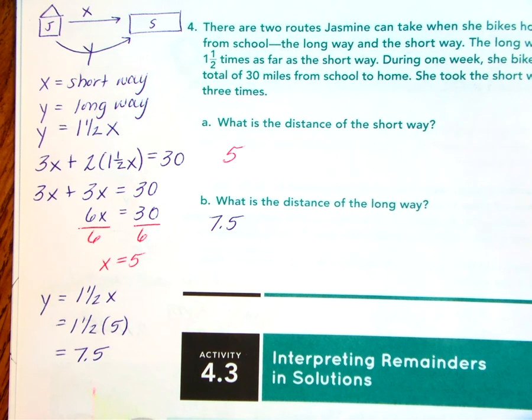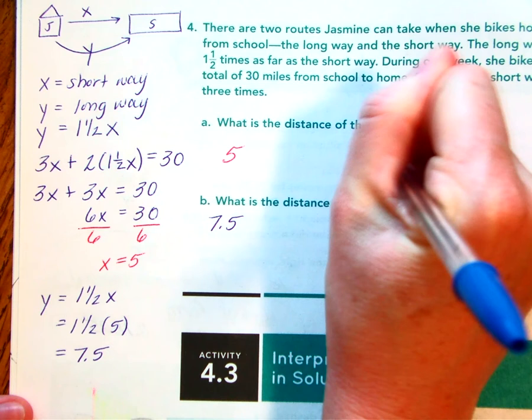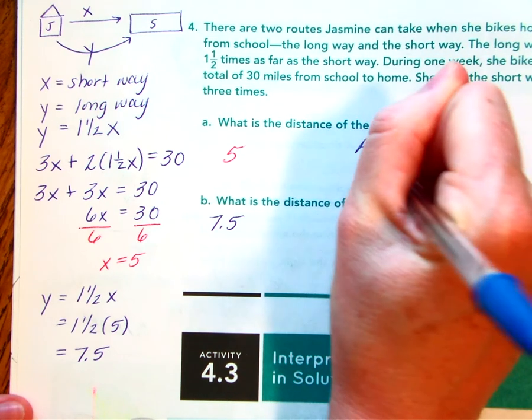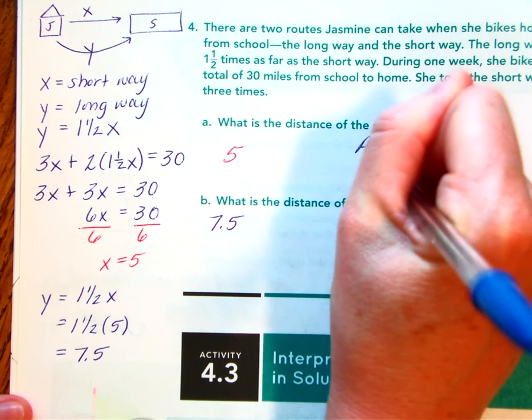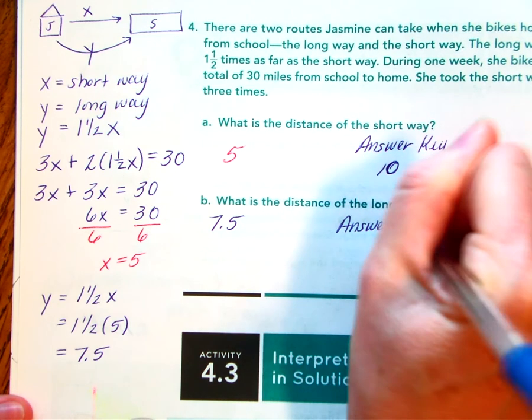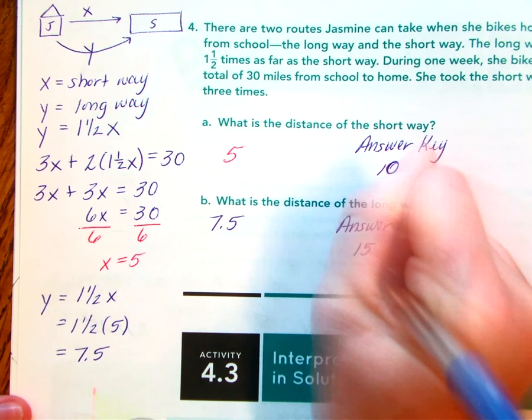Then I thought, I wonder if they're talking about round trip, because why doesn't it add up? The answer key said that the short way was 10. The answer key said the long way was 15.